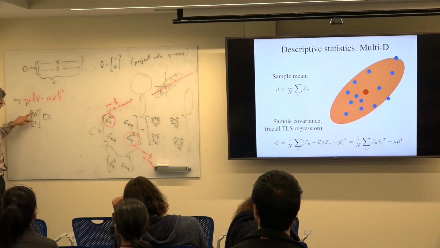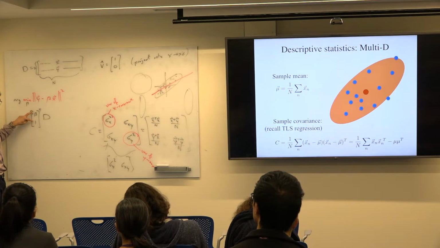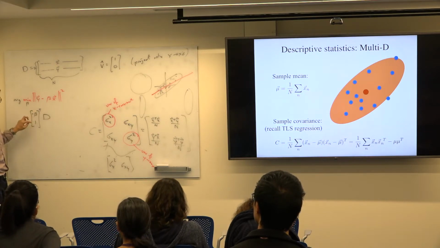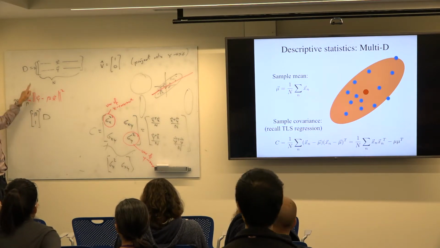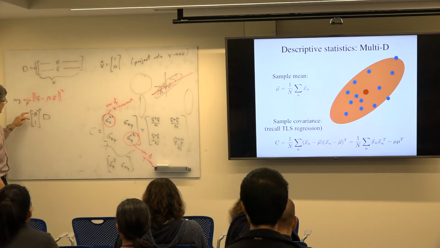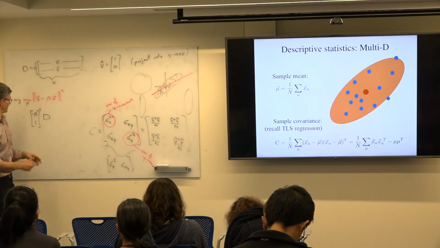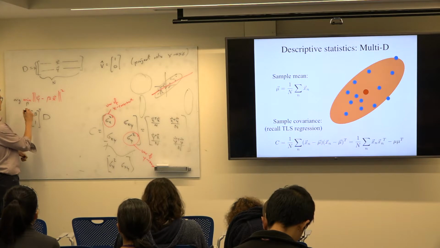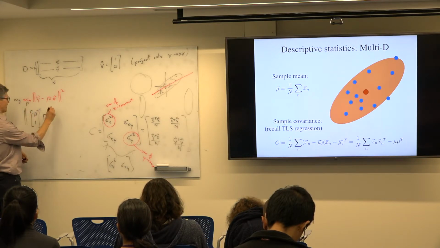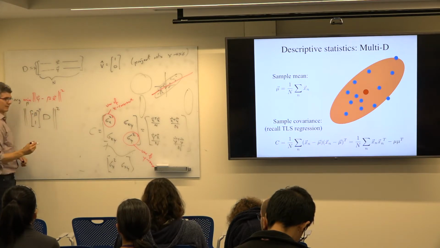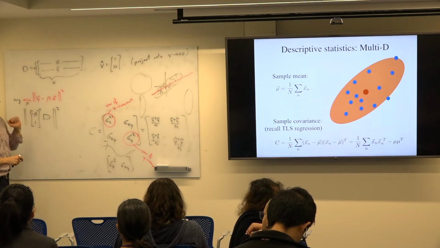So if I took a vector minus beta 1 and multiplied it by d, what I would get is minus beta times that x vector plus 1 times that y vector. And if I computed the squared length of that, that would be this regression problem.